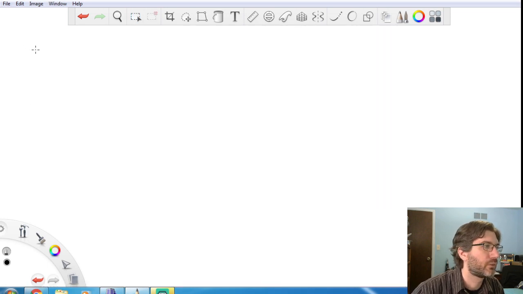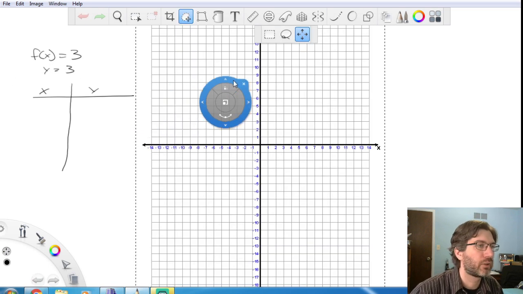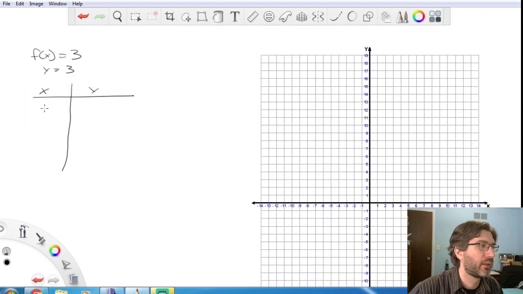Let's graph a function where f of x equals 3. In this case, it's just saying y equals 3. So on your coordinate plane, you can pick any value you want, like 0. Well, y equals 3. If x is 0, y still equals 3. Maybe 5.